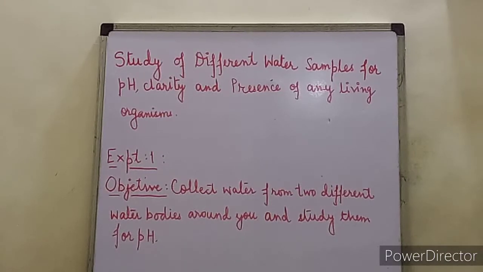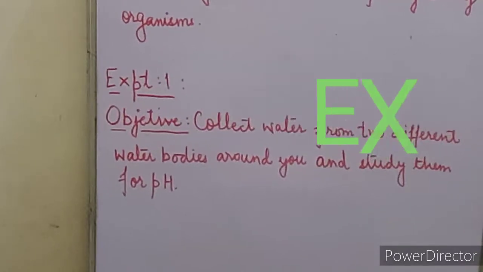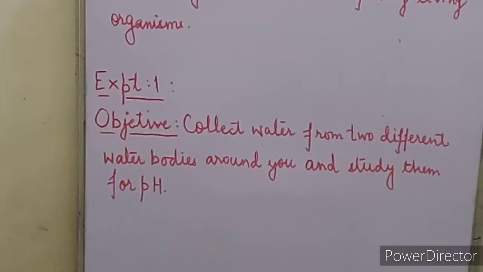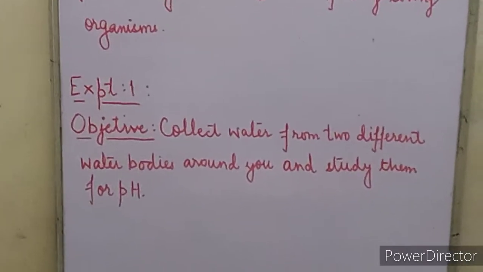So the requirements for this experiment are: the first experiment we are going to do is to collect water from two different water bodies around you and study them for pH.